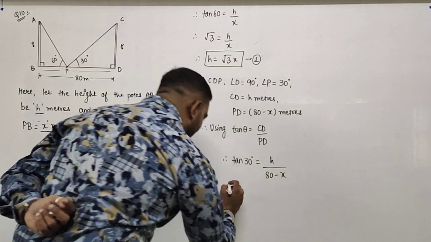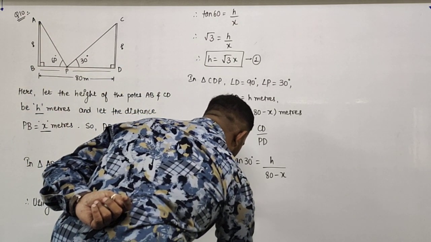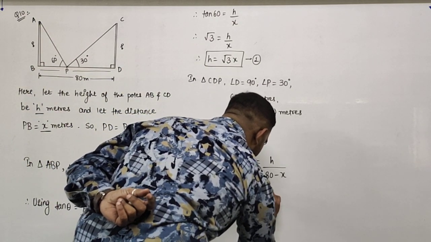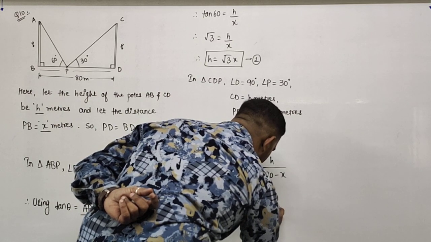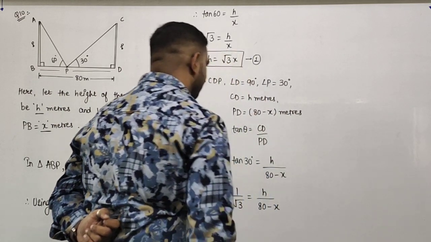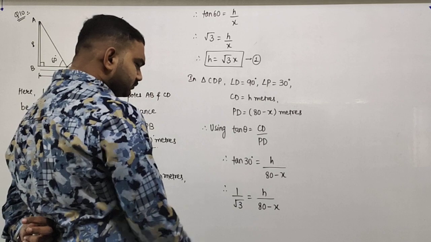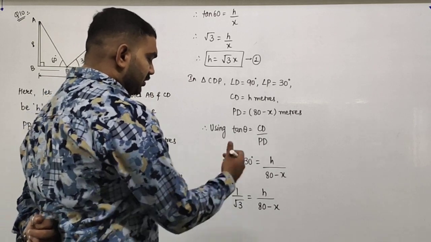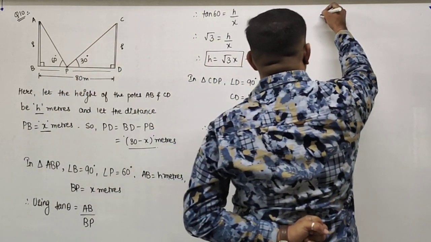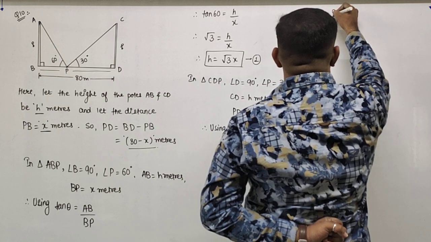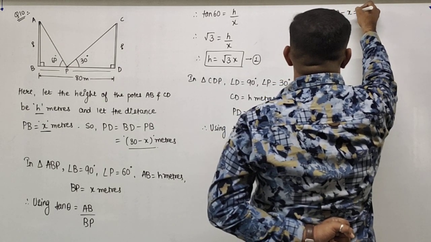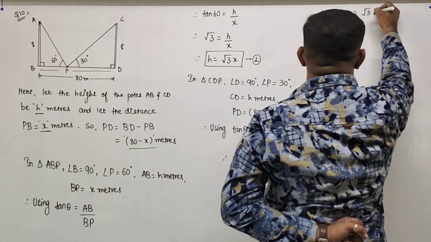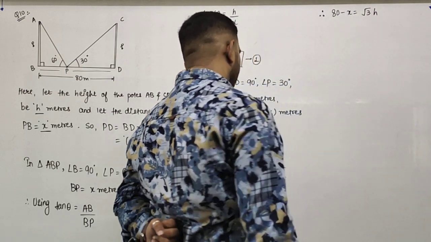Now what is tan 30? 1 upon root 3 is equal to h upon 80 minus x. We have this one, cross multiply. Therefore, 80 minus x is equal to root 3 h.